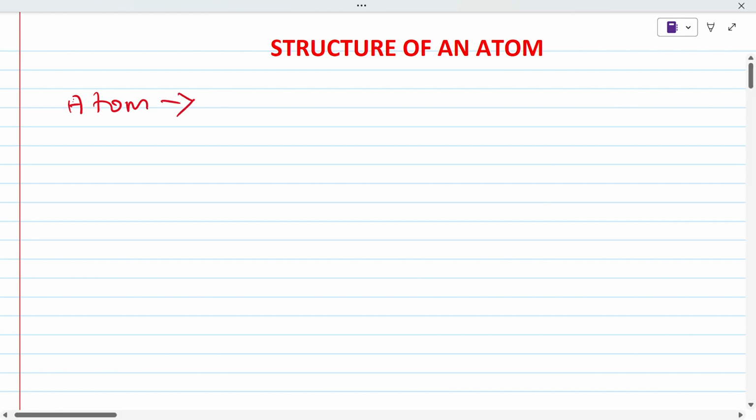Now, an atom is the smallest particle of an element that can take part in a chemical reaction.